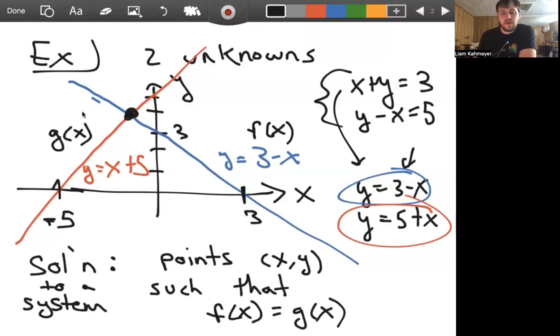And so we can understand solutions to a system of equations purely geometrically.